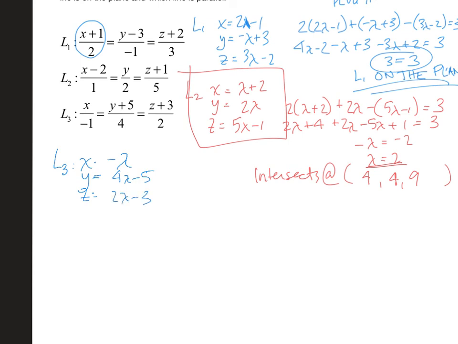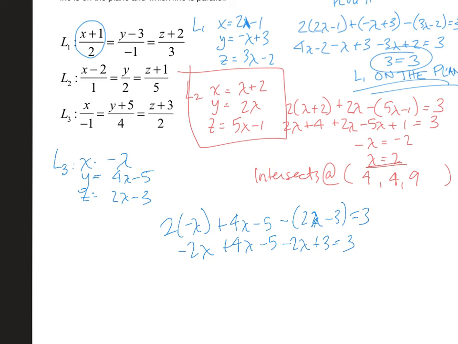Plugging in, I get 2 times negative lambda plus 4 lambda minus 5 minus 2 lambda minus 3 equals 3. Combining like terms, you end up with negative 2 equals 3, which means line 3 is not on the plane. It's parallel to the plane, because you end up with something that is not true.